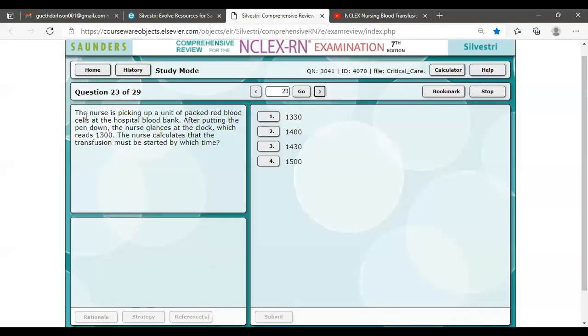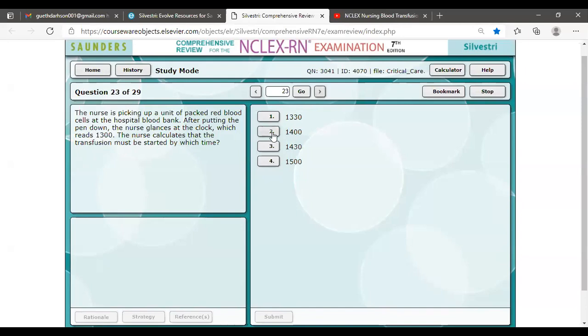So here is the question: the nurse is picking up a unit of packed red blood cells at the hospital blood bank. After putting the pen down, the nurse glanced at the clock, which read 1300. The nurse calculated that the transfusion must be started by what time?